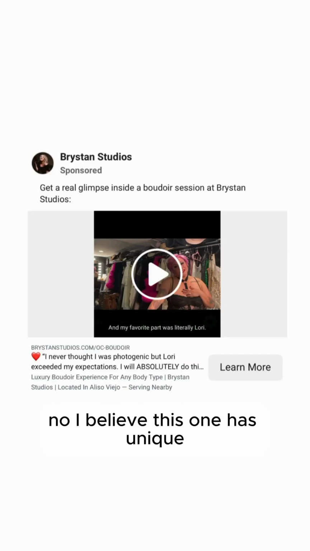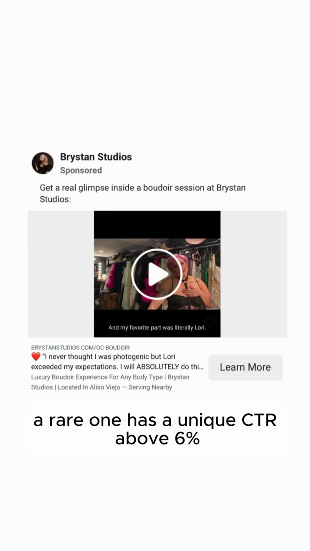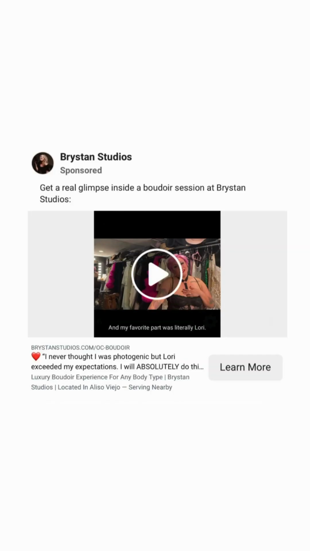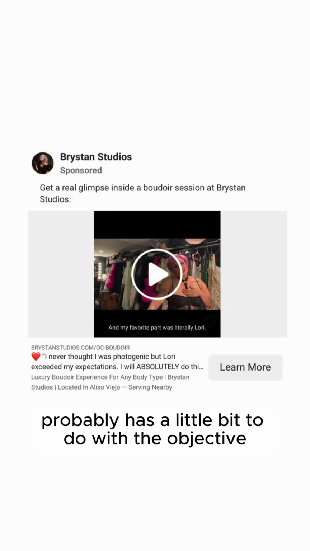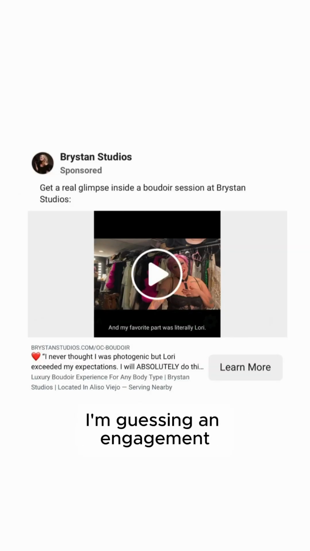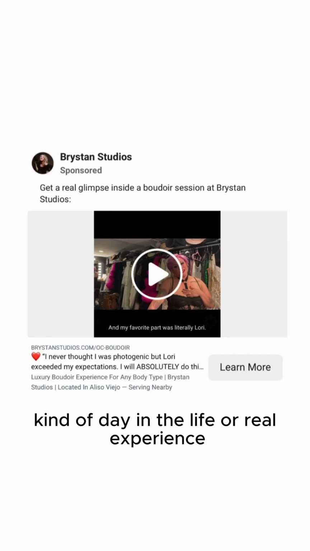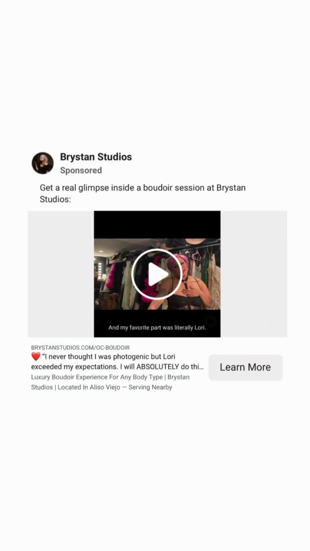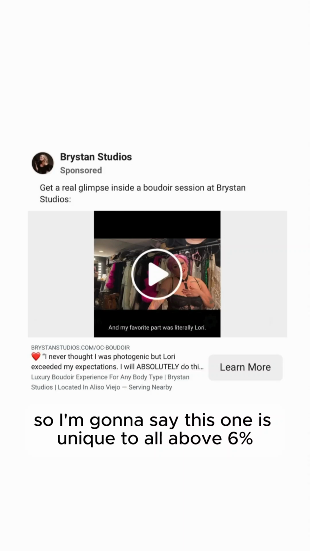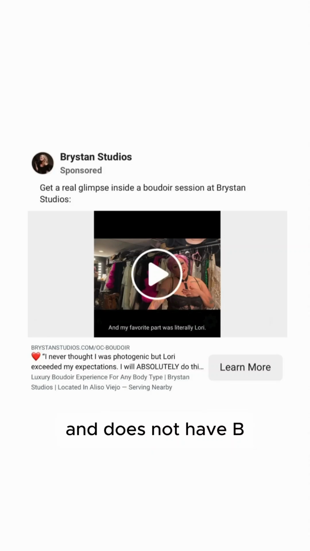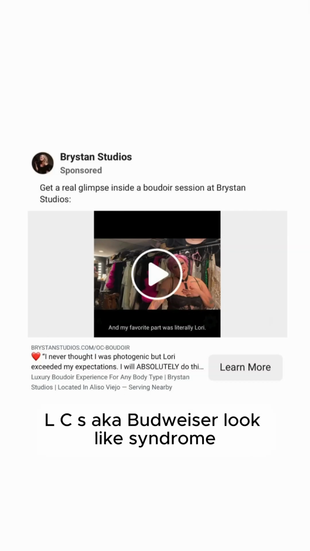No, I believe this one is a rare one with a unique CTR above 6%. It also probably has a little bit to do with the objective, I'm guessing, engagement objectives being used. That's my guess. It seems more like a day in the life or real experience. So I'm going to say this has a unique CTR above 6% and does not have BLCS, aka Boudoir low-click syndrome.